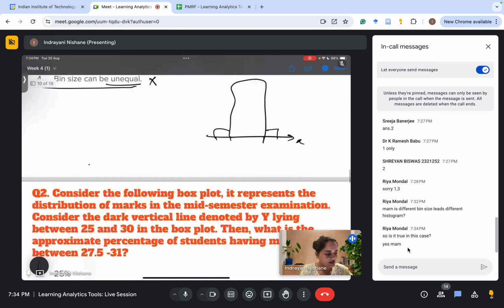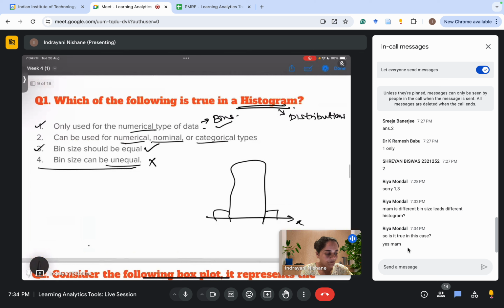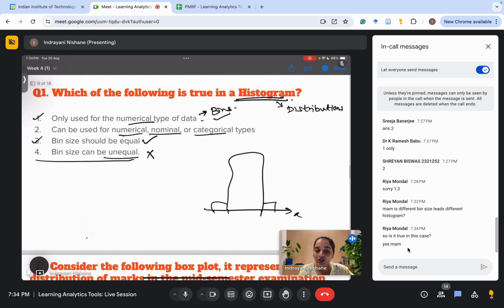See, in this case all the options are true, but we will pick one for the sake of simplicity. We will not make things complicated. We don't want to be experts in all types of visualization and all types of analysis. What we will do is try to make our visualization or report writing as simple as possible.